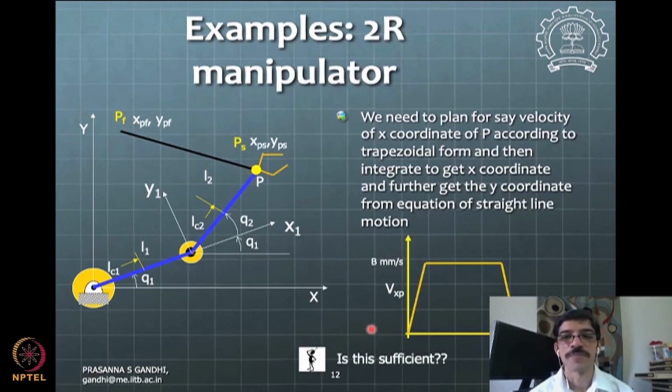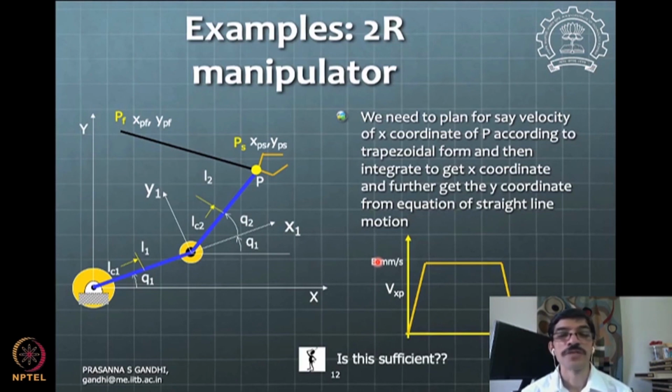So I'll plan this velocity profile first, and then estimate the acceleration, or the speed I can choose, to achieve the final displacement. Once I know this, I'll get the y coordinate from the equation that I have seen in the previous slide.